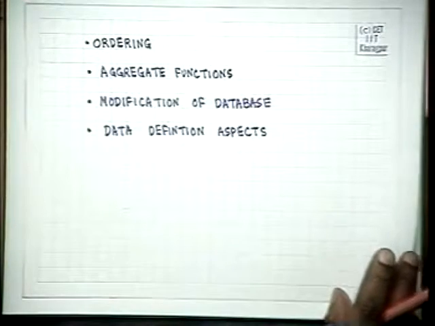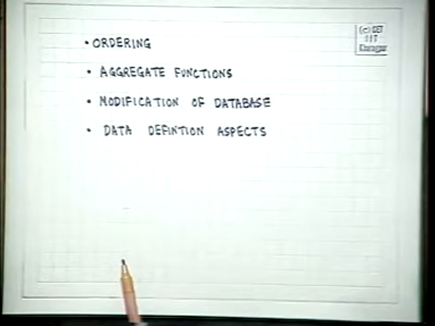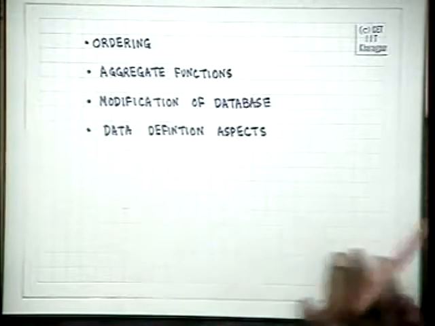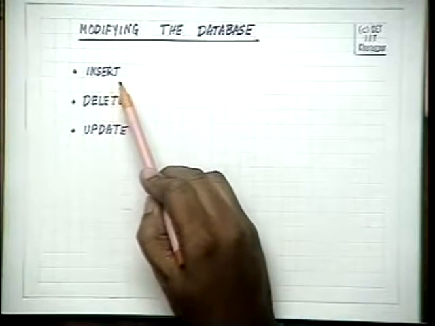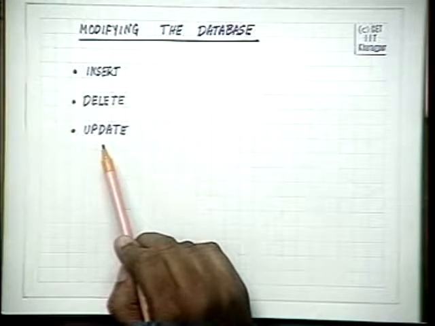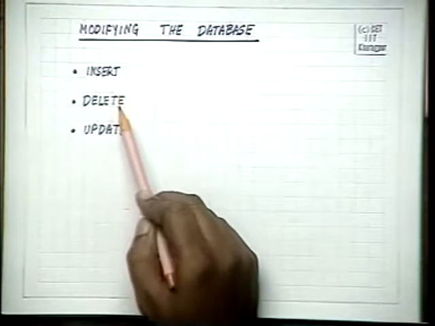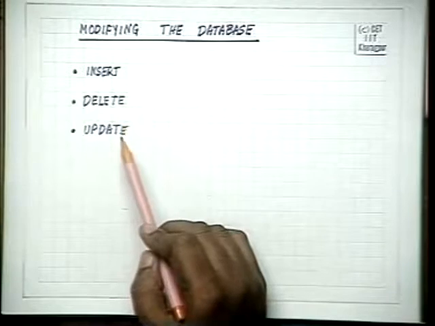So SQL provides us certain constructs by which we can do modification of the database. Among the modification operators provided by SQL, we have the insert operation, the delete operation, and the update operation.